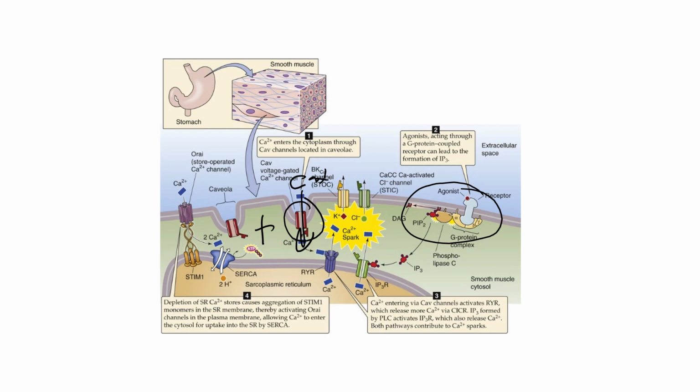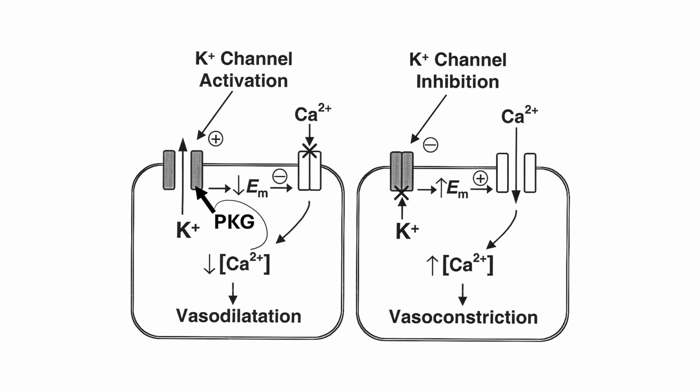I just wanted to mention this because there is another possible way that nitric oxide causes smooth muscle cells to relax. And it's through PKG targeting the availability of these voltage-gated calcium channels to open. So, additionally, PKG may be able to open up potassium channels within the smooth muscle cell.